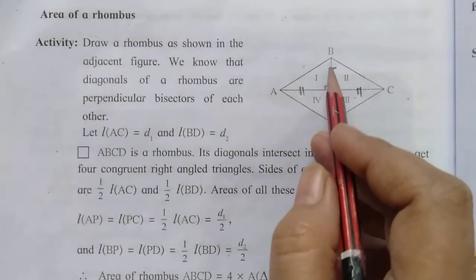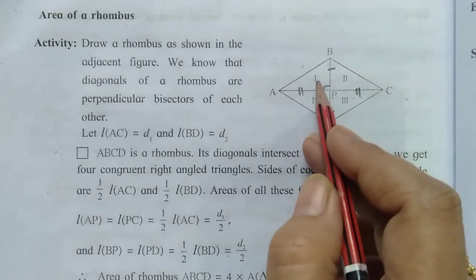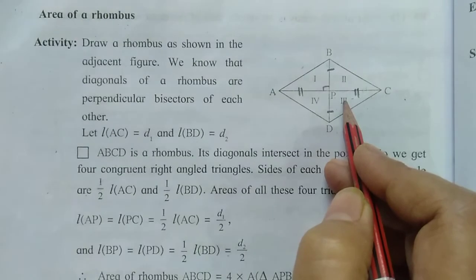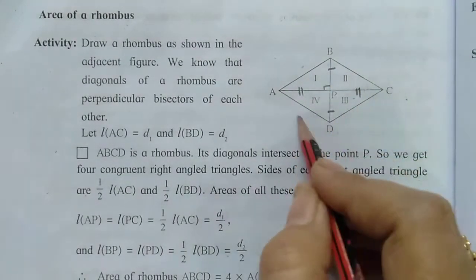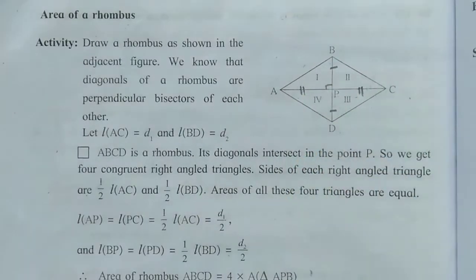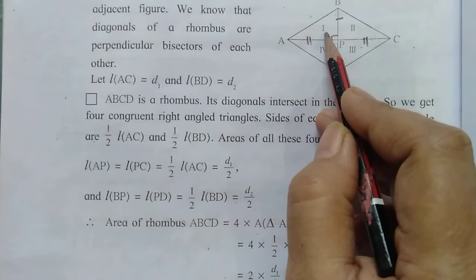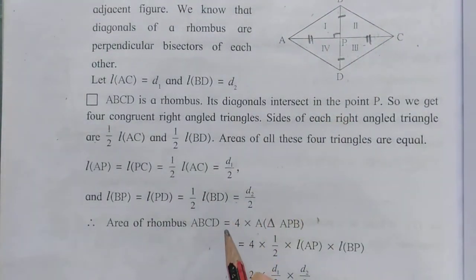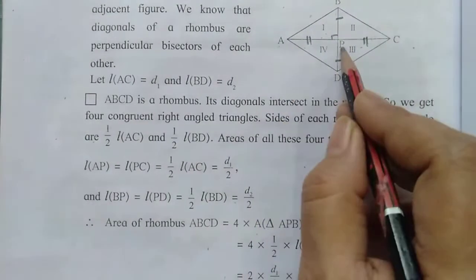Now here the rhombus is divided into four equal parts. Means these triangles are equal. So if we calculate the total area of a rhombus, then it is easy by using the triangle. See, the area of rhombus ABCD is equal to 4 multiplied by the area of triangle APB.